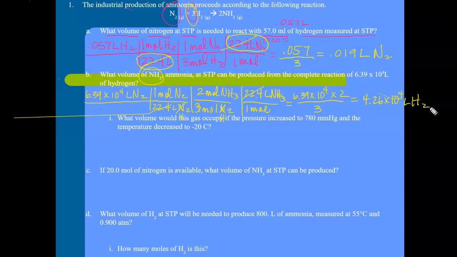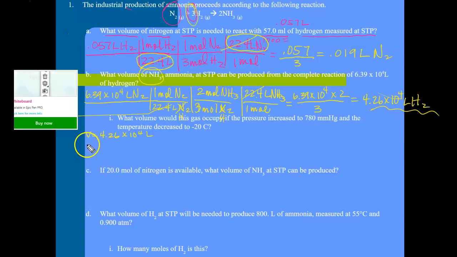And then it says, what volume would this gas occupy if the pressure, and by this gas it means the answer gas, if the pressure increased to 780 millimeters mercury and the temperature decreased to negative 20 degrees Celsius. So what we had before was a volume from the previous problem of 4.26 times 10 to the 4 liters.